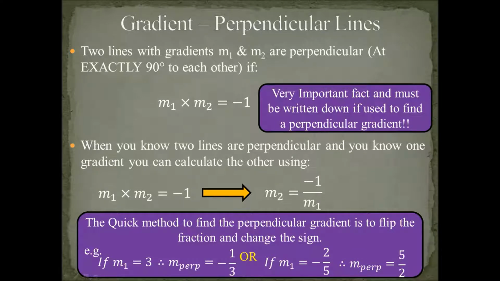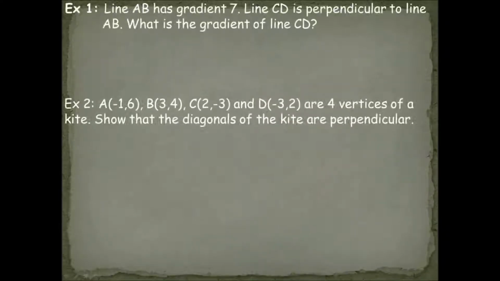It's certainly the method I use, but I do make reference to m1 times m2 equals -1 in my answer to show how I understand where the perpendicular gradient comes from. Some examples to try. Line AB has a gradient of 7, and line CD is perpendicular to line AB. What is the gradient of line CD? Well, using the proper formula, I would divide -1 by the 7.